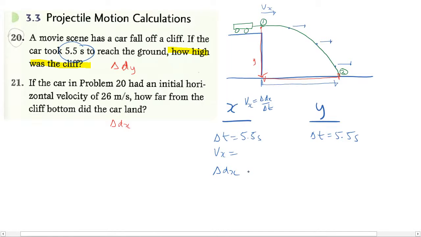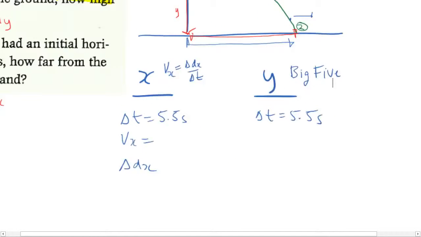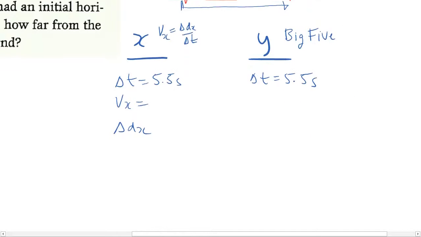Vertically, there is acceleration. There's constant acceleration. So then really I'm in a situation where I'm going to be using my big 5. So thinking about our big 5, we've got acceleration in the y direction, which is downwards. I'm going to be accelerating at negative 9.8 meters per second squared.